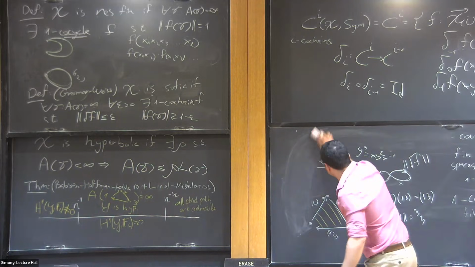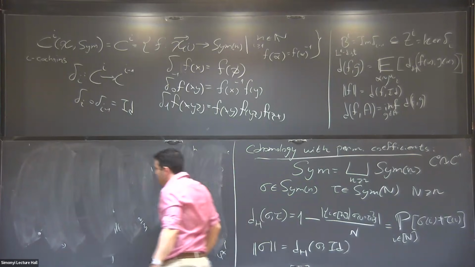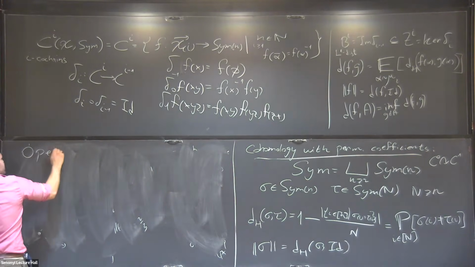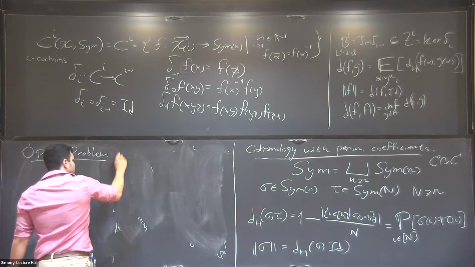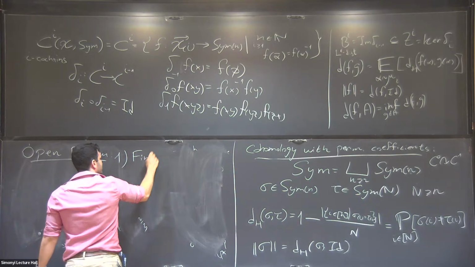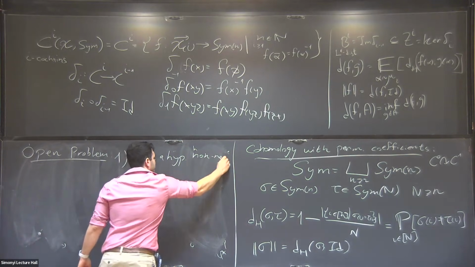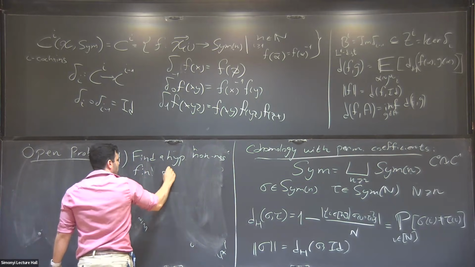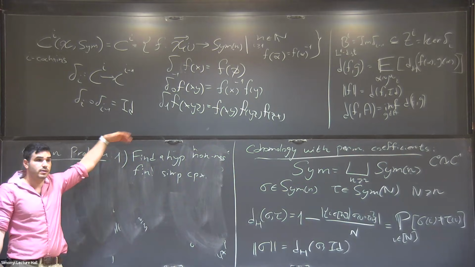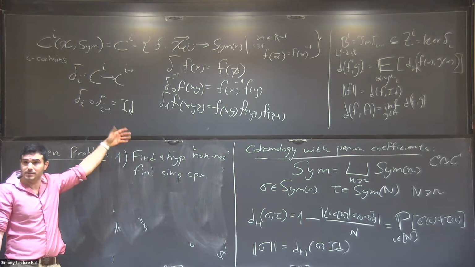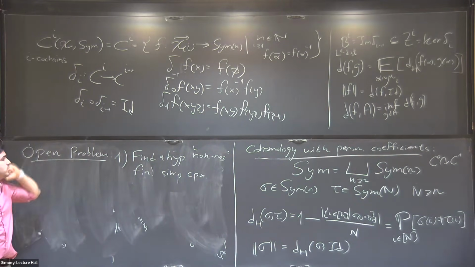So open problems. These are two major open problems in group theory. One, find a hyperbolic non-residually finite simplicial complex. We just saw the Baumslag-Solitar group, the CW complex that I defined a moment ago, which you can triangulate and make a simplicial complex.